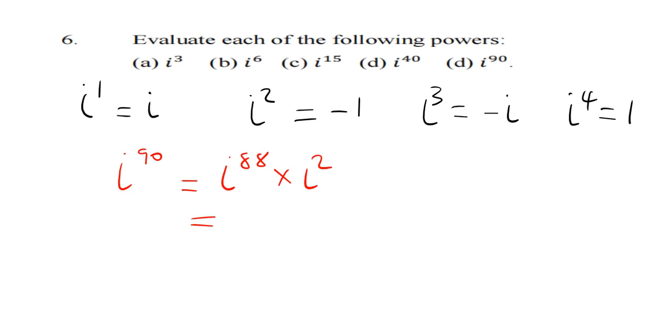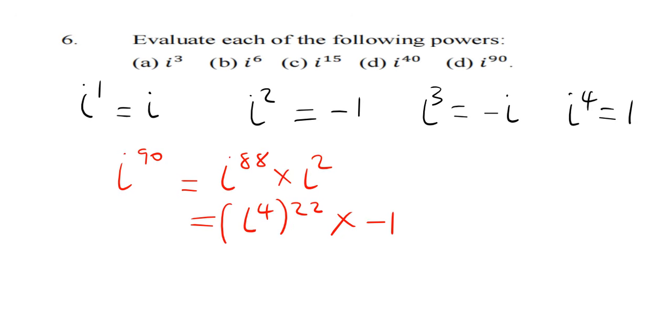In this case, I can again separate the 88 into something maybe simpler. I'm going to have i to the power 4 multiplied by, let's say, 22. This is multiplied by i squared, we said it is a negative 1.